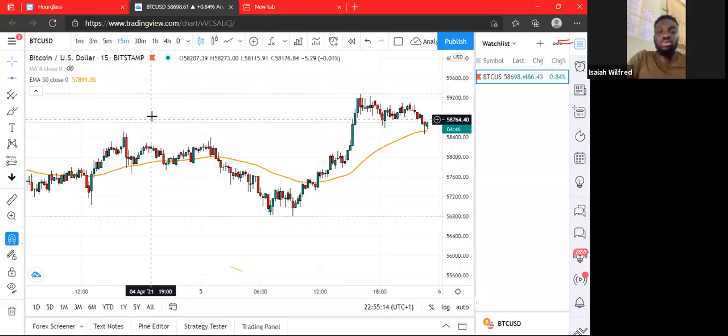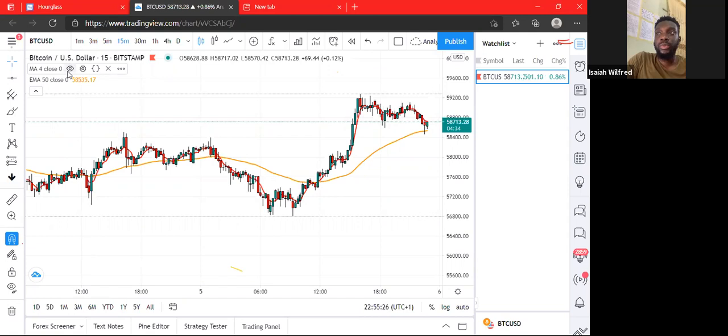So the two moving averages that the Swipecoin Scalper uses are the 50 EMA and the 4 MA. I need guys to take note of this. Swipecoin Scalper uses the EMA 50, which is the yellow one.